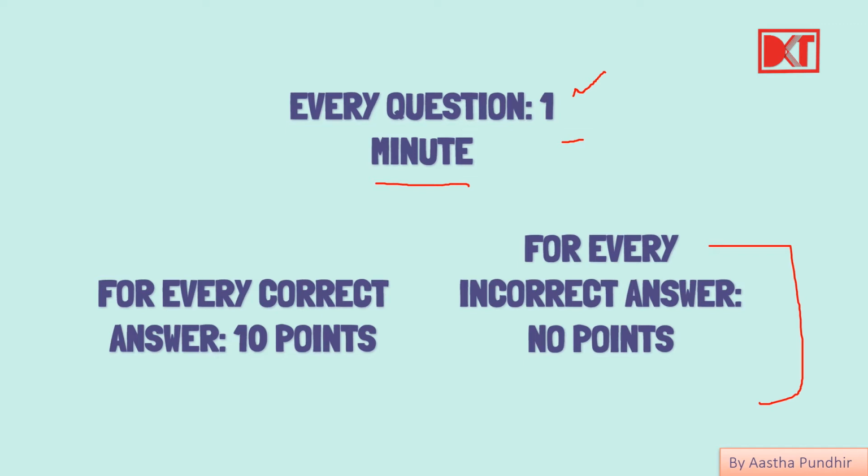Now for a question of which you are not sure about the answer, even here and even in the exam, if you maybe think that B option might be correct or C option might be correct, you should in that case play your luck and play your mind and make a guess and still give an answer, because it is a win-win situation.